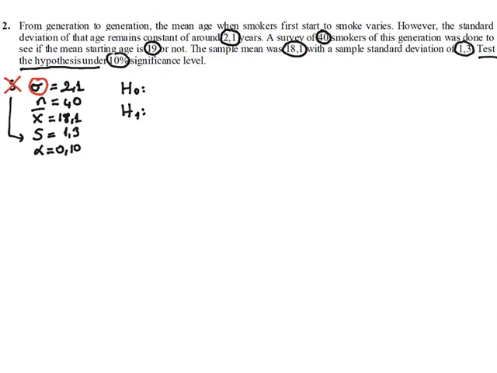As you can see, the mean starting age is 19 or not. So it's a hypothesis about the mean, which means we will test the population mean, which is mu.